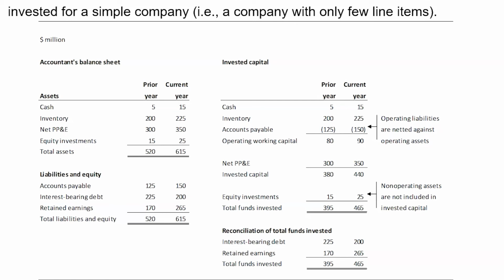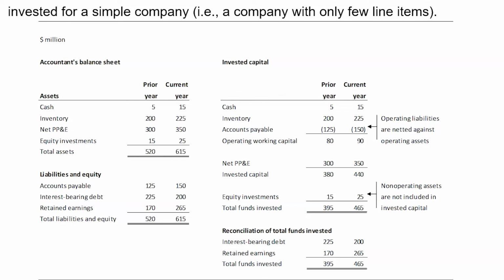Okay? So invested capital is all my operating assets minus all my operating liabilities. And here I just separate that into two steps so that we have our current ones separate from our long-term ones.